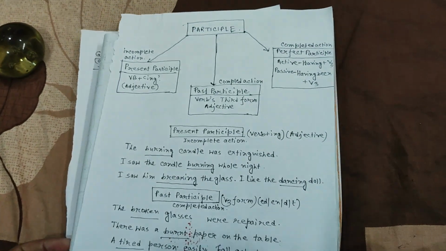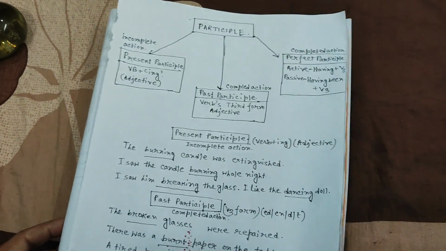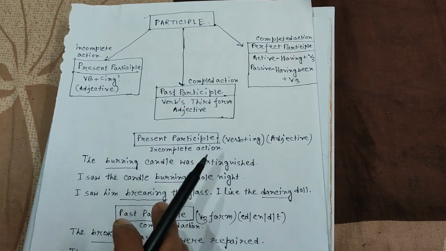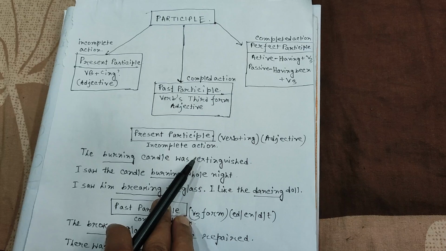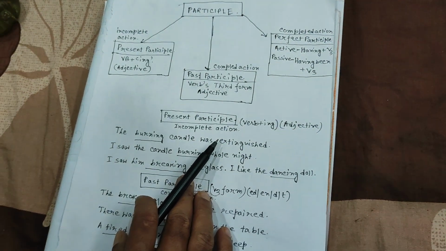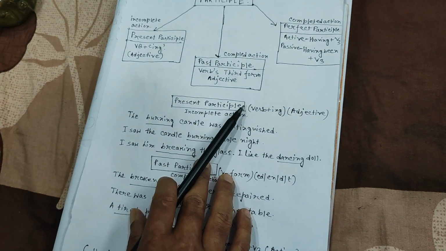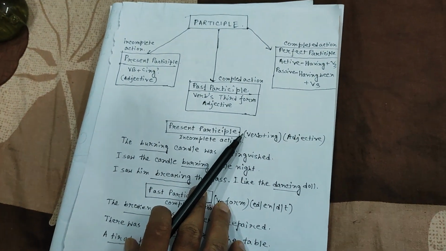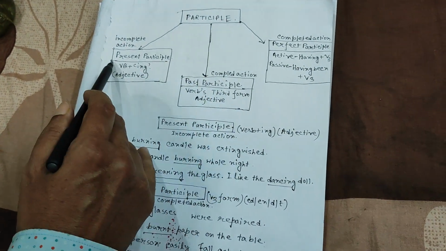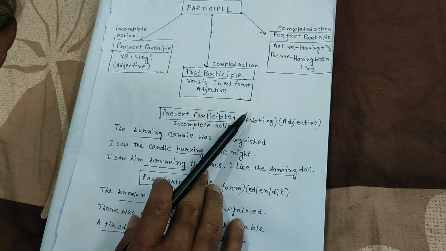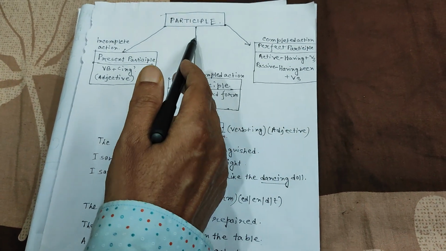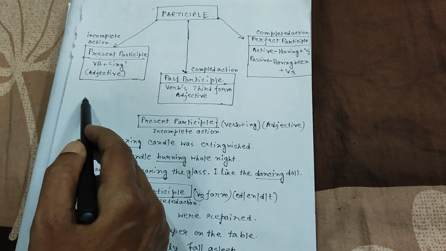In my earlier class, watch it very carefully, what did I tell you? I told you only about the role of participle as an adjective, and only one type of participle, that is present participle. But participle has other types too. Participle is not all about present participle.